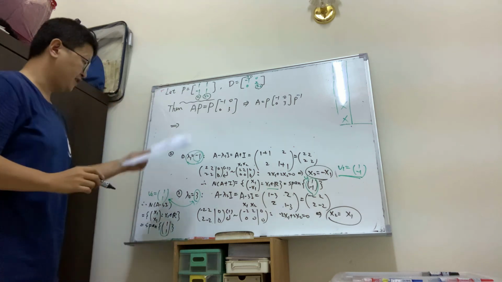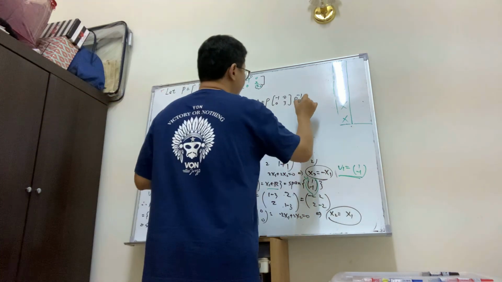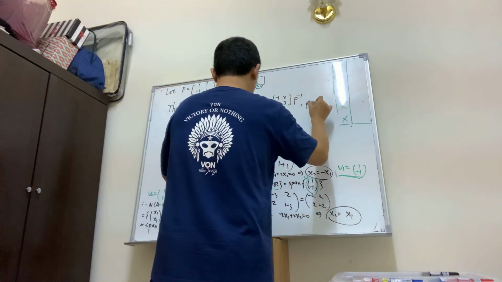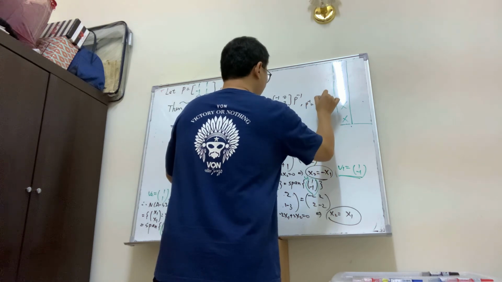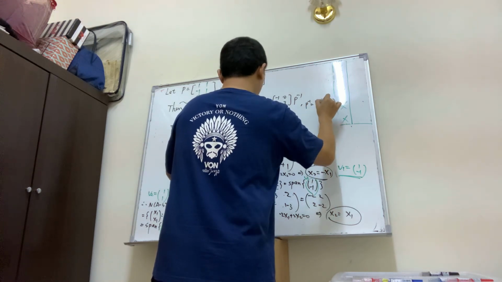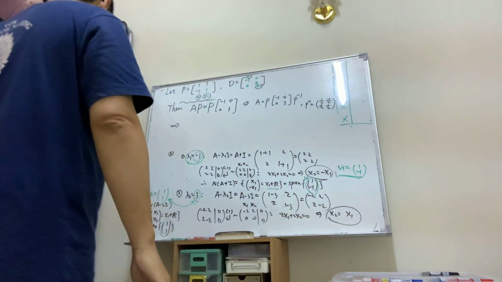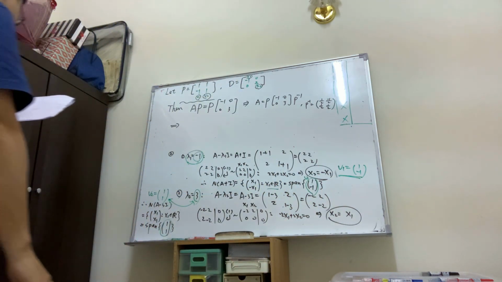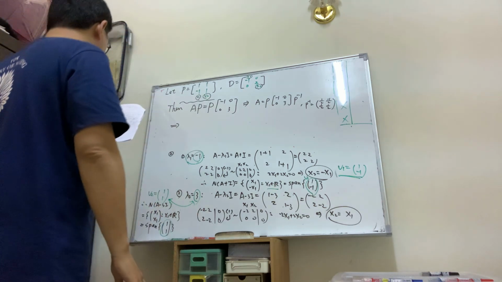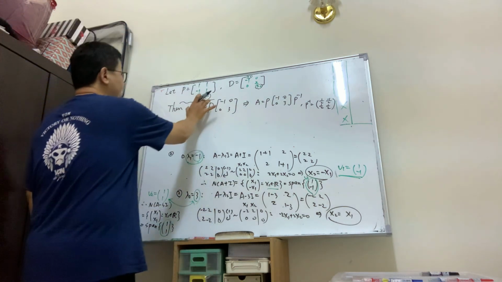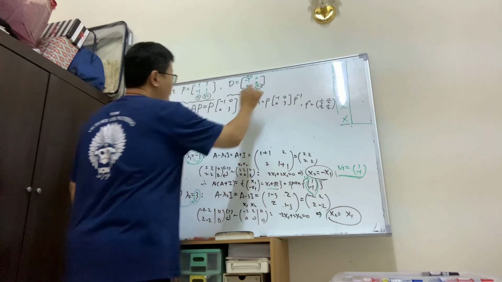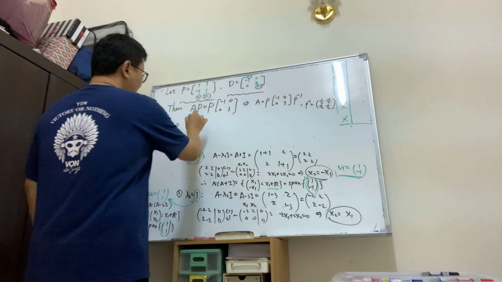If you compute it, you will see it's equal to 1/2, -1/2. So our matrix P is this one, our diagonal matrix D is this one. Then we have this one.